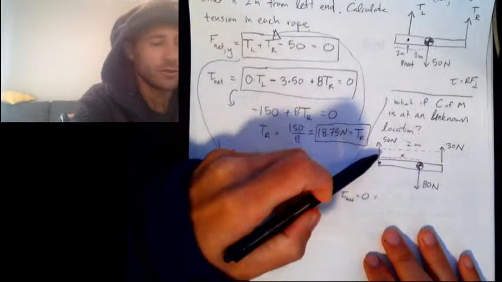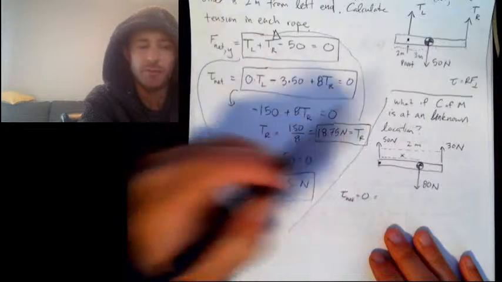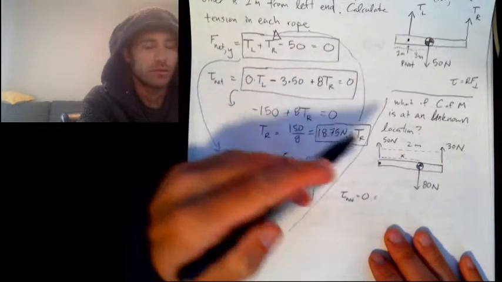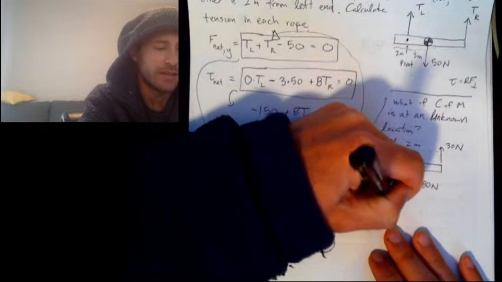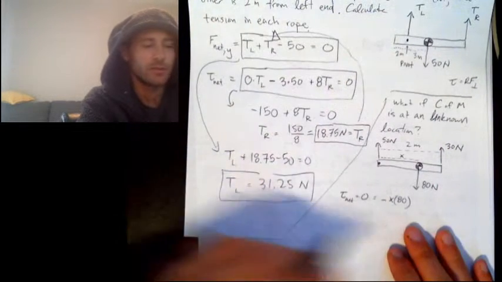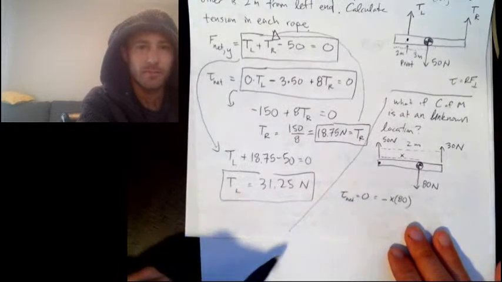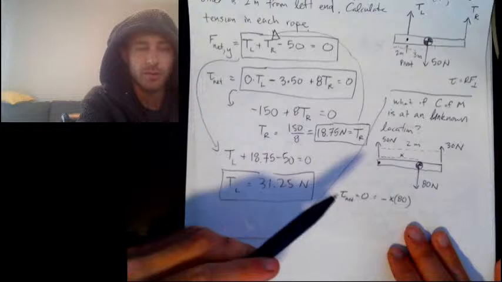The torque due to this 50 Newton force is 0 because it is acting at the pivot point. The torque due to gravity is going to be negative x times 80. So distance times force. And it's rotating it in the clockwise sense.